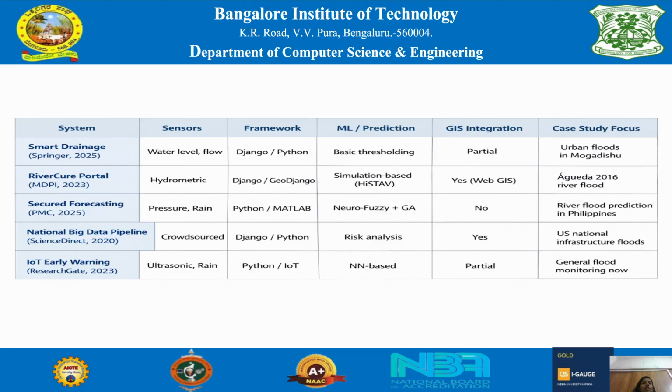Secure forecasting uses pressure and rain sensors, Python, MATLAB, neuro-fuzzy and GA, and GIS integration is not required. The national big data pipeline uses crowdsourced data as the sensor input, and the framework is Django or Python. The ML prediction is risk analysis, and GIS integration we are doing.